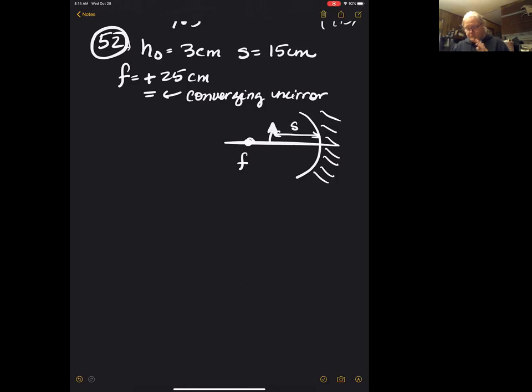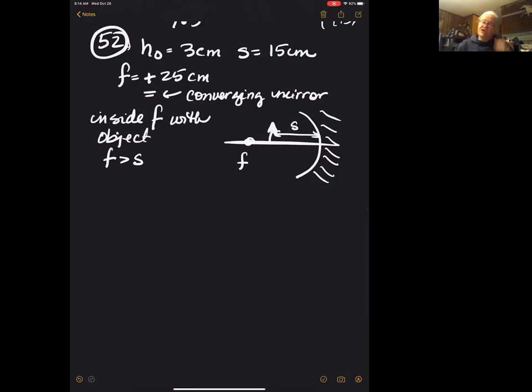In this case, I'm inside F with my object. So F is greater than S, which means now I've forced this mirror to become diverging. I've gotten too close to it and I'm inside the focal length. So now I force the mirror to act diverging.